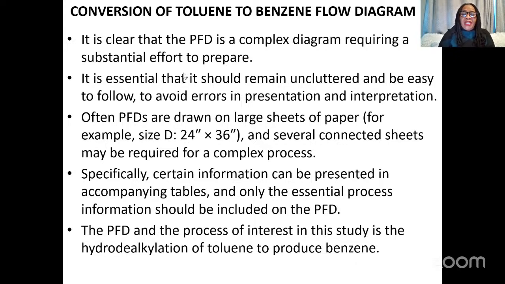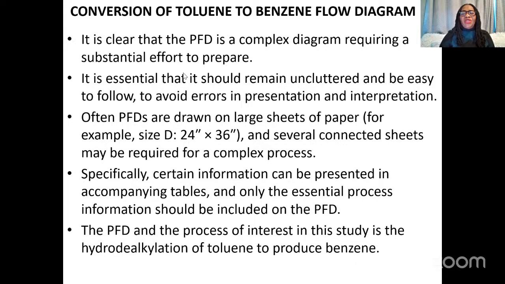So the process of interest in this study is the hydroalkylation of toluene to produce benzene. That's why you see us using hydrogen feed and then toluene feed for the hydroalkylation process to convert the toluene to benzene.